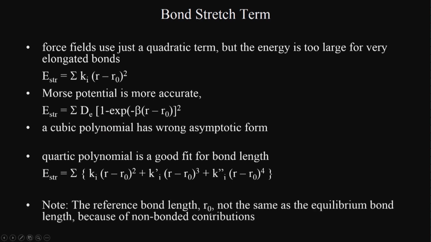So, you have to note that r naught is not the same as the equilibrium bond length because of non-bonded contribution, because there could be attractions because of electrostatics when you consider a molecule with many atoms. So, r naught will not be the same as the r naught when we have just a C-C type of bond or C-O type of bond, but once you add many other atoms, the r naught changes because of the other interactions that are happening, okay.